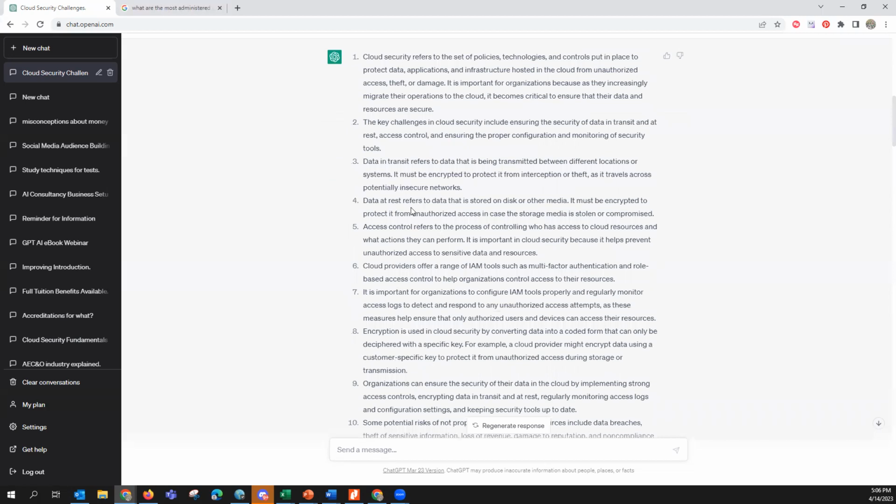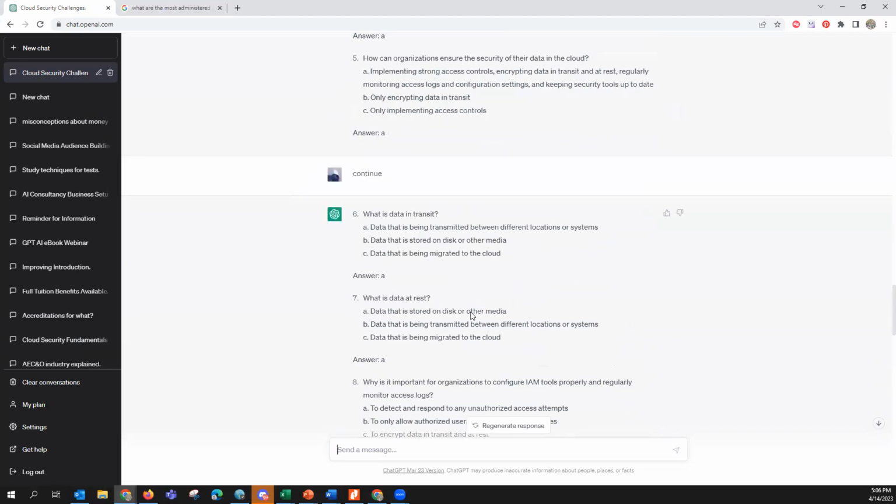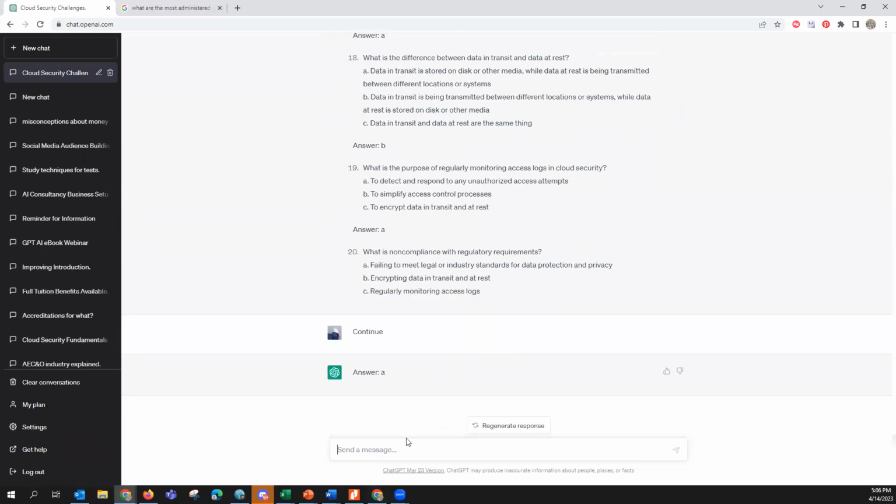Now, this in itself could be a lot of stuff to go through, but as you break it down to what's useful for you, right? If you want flashcards, you know, use the questions and answers to create flashcards.